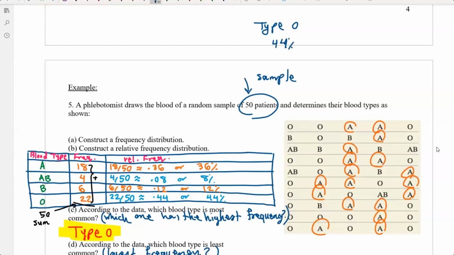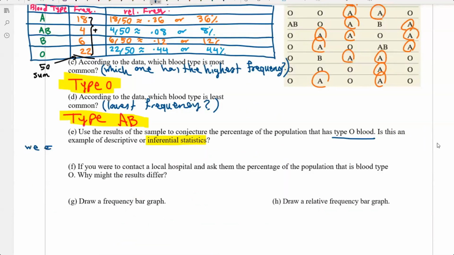I want to see if we can extend this result and make a decision for the population. So we estimate that 44% of the population has type O blood.